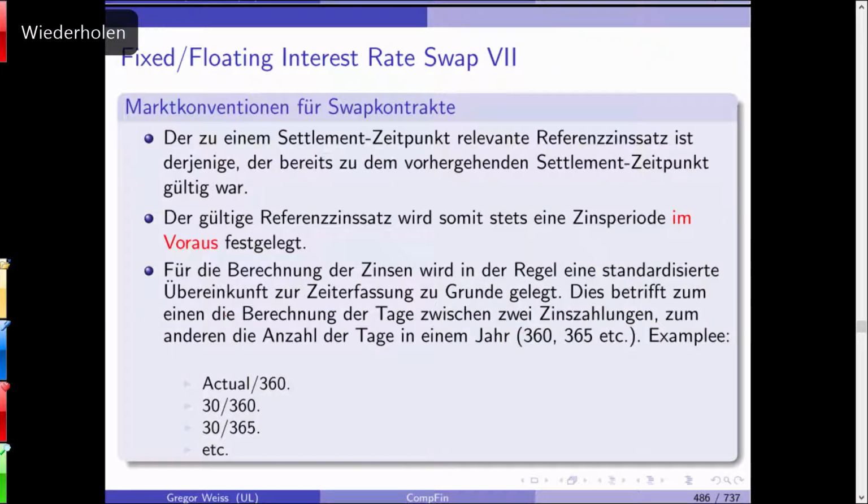Okay. Some market conventions for swap contracts. As I've said, you will usually fix the swap rate in such a manner that there is no payment necessary at the start of the swap contract, so it is worth 0 to both parties. And you need a date count convention for making sure how interest rates are fixed and how they are paid out.